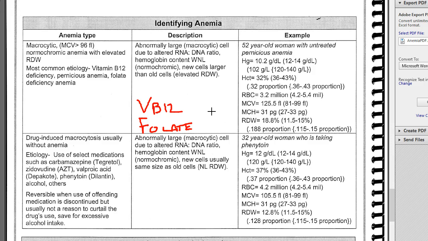Now B12, a little bit different. Again, we commonly see it in the setting of pernicious anemia. There's atrophy of the stomach.